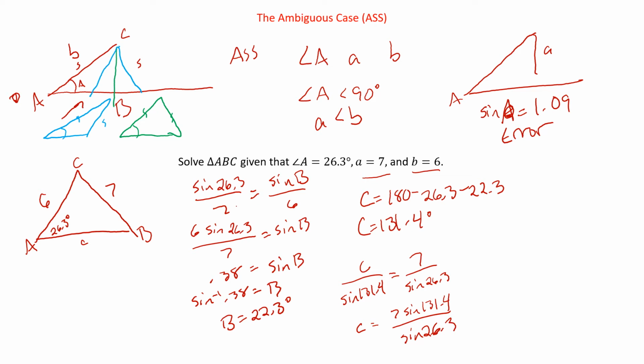So we go sine of 131.4 equals that times 7. So we had 0.75 times 7 was 5.25 divided by sine of 26.3 is about 11.85.